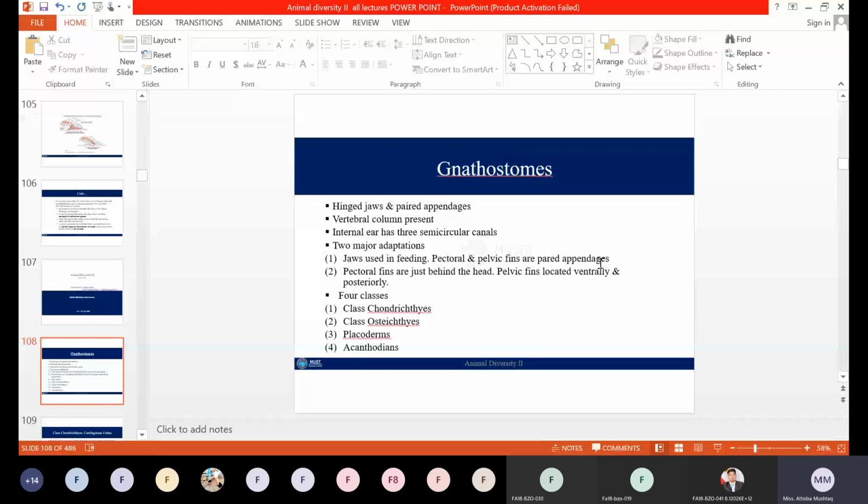Both of these fins, pelvic fins and pectoral fins, are involved in the steering mechanism of the fish, right? What is the steering mechanism? Basically caudal fins or pectoral fins are involved in the steering mechanism that helps the fish push its body through the water.